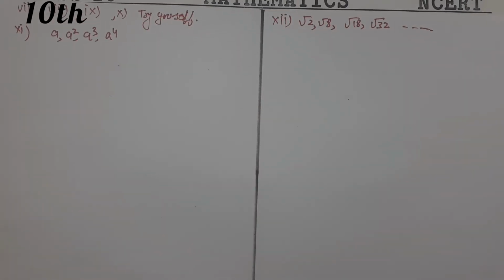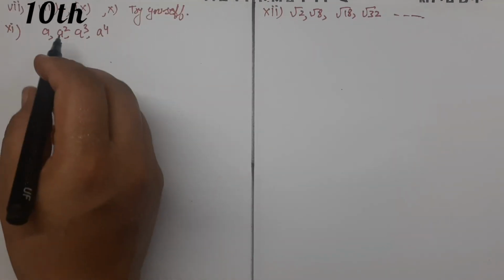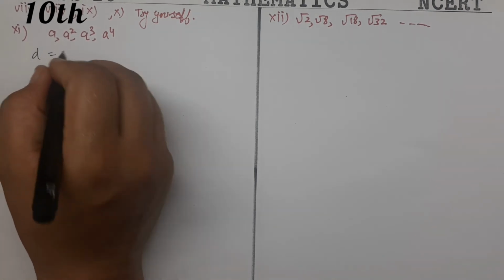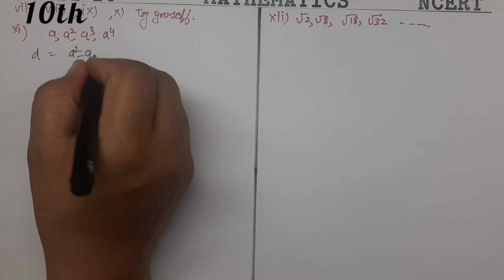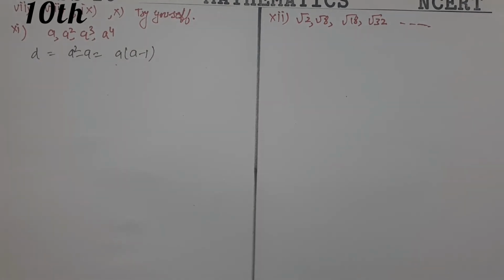Part 7th, 8th, 9th, 10th, easy parts. You have to try yourself and give me a comment in the comment box. Part 11th. a square, a cube, a power 4. d = a square minus a, take a common, remaining part a minus 1.